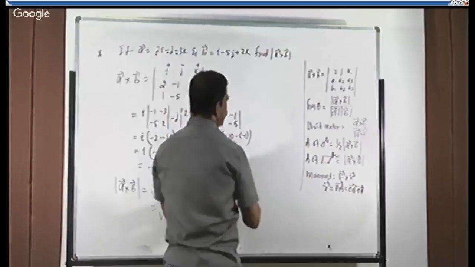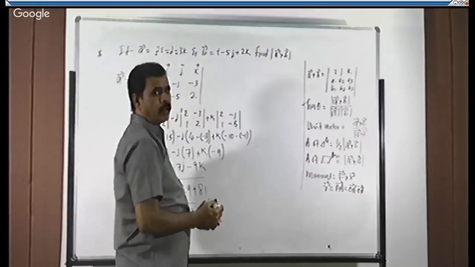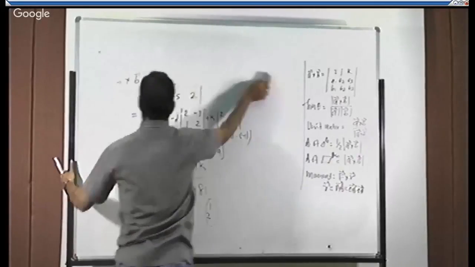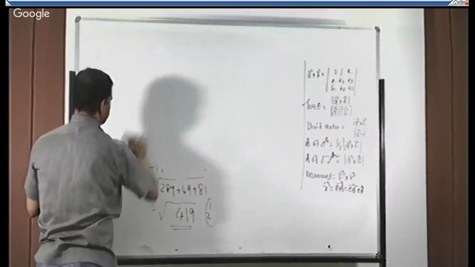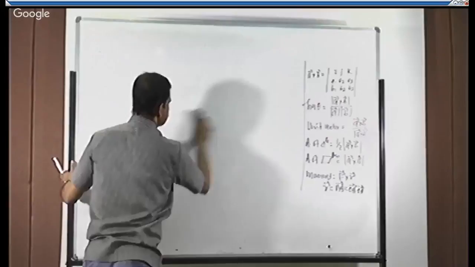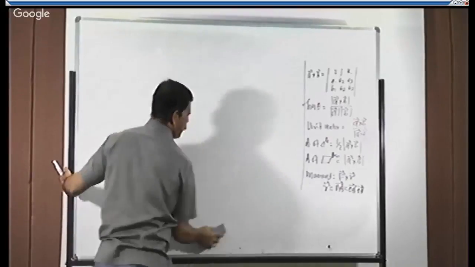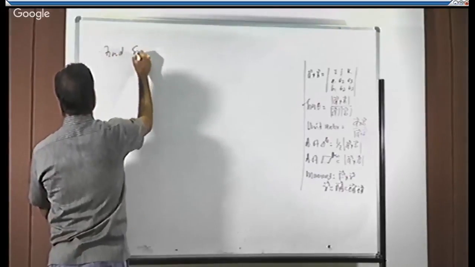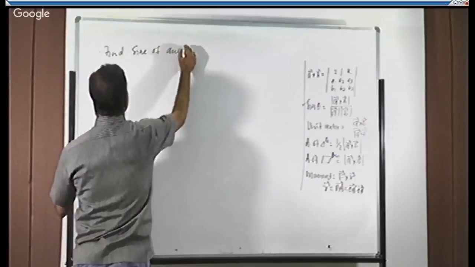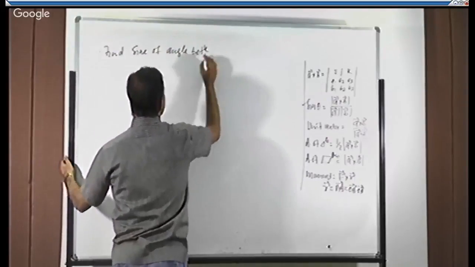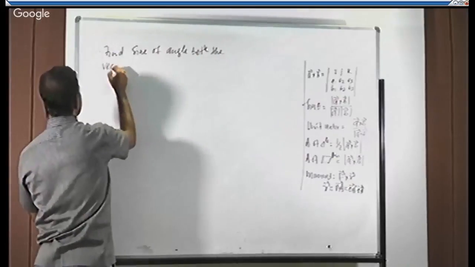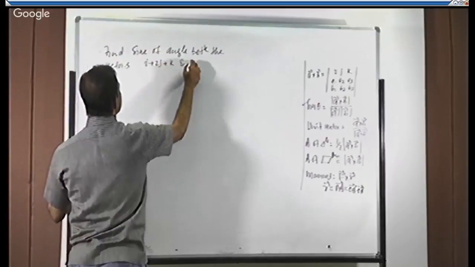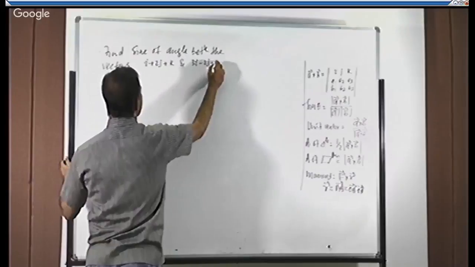Next, let us take a problem on sine of angle between the vectors. Find sine of angle between the vectors i plus 2j plus k and 3i minus 2j minus 3k.